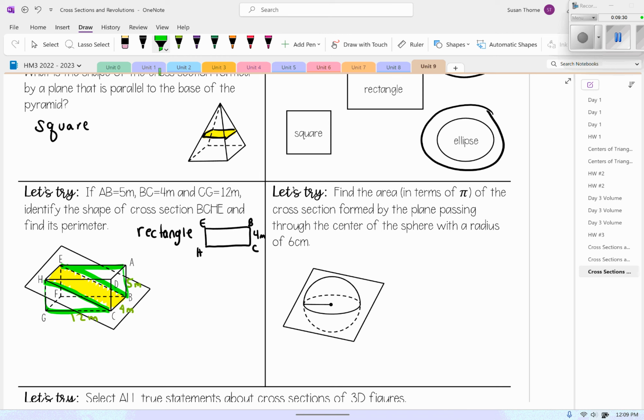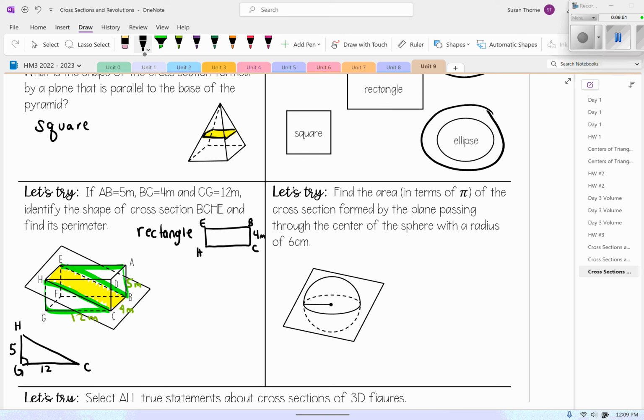It doesn't matter, they're both the same. So if I draw that triangle, so this would be HGC, we know that since AB is 5, that means HG is also 5 meters. And then we were told that GC is 12, so we're solving for HC.